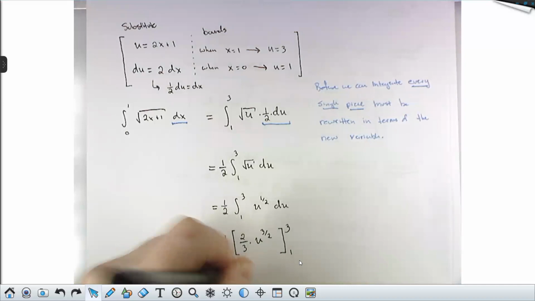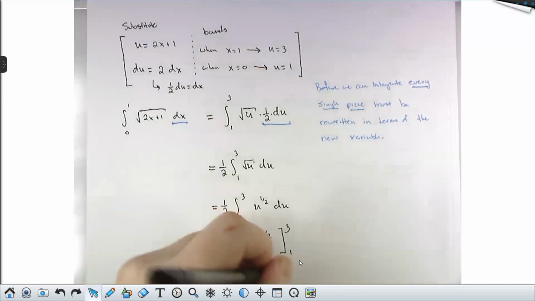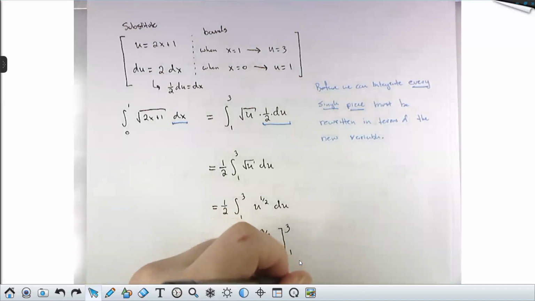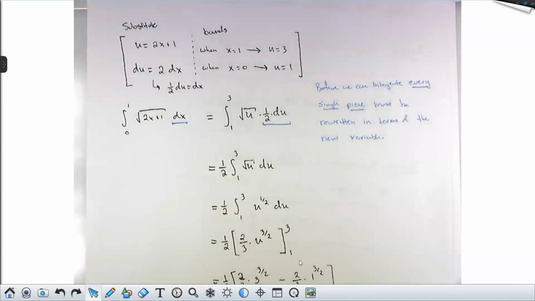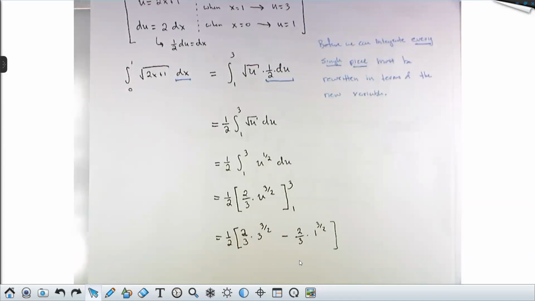That'll give me 2/3 times 3 to the 3/2 minus 2/3 times 1 to the 3/2. Now 3 to the 3/2 is not a nice number.